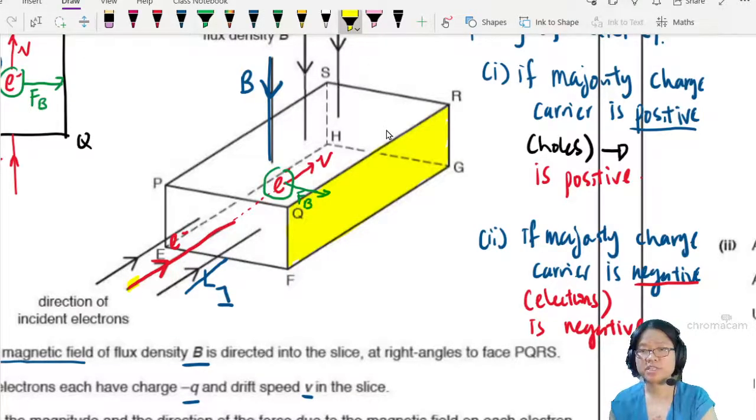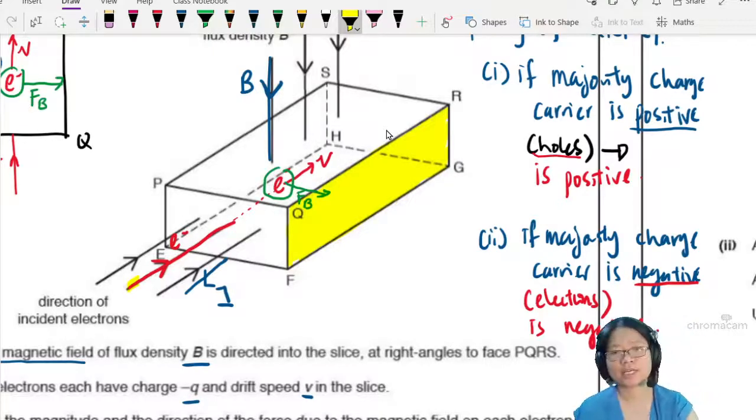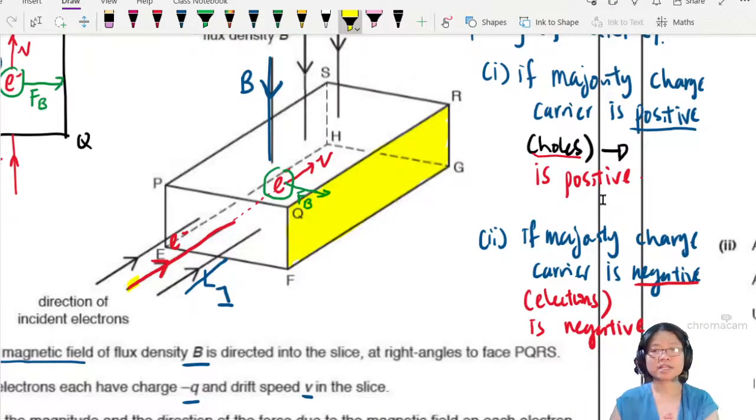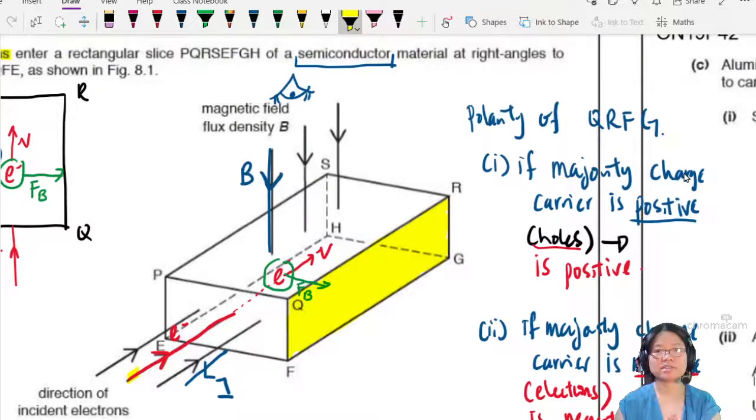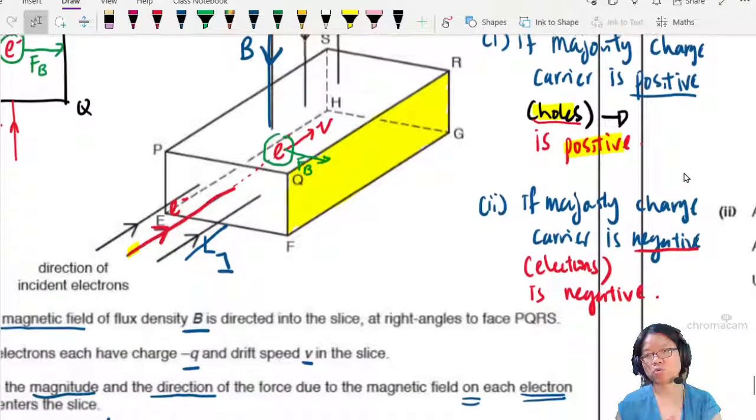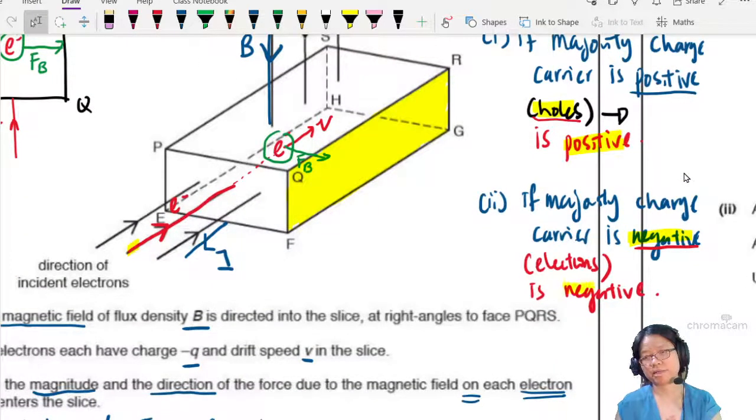If your majority charge carrier is holes or positive charge, then that would be positive, because the direction of FB is the same. So I'm going to put a highlight here. I'm talking about this. Positive if majority is hole, negative if majority is electrons.